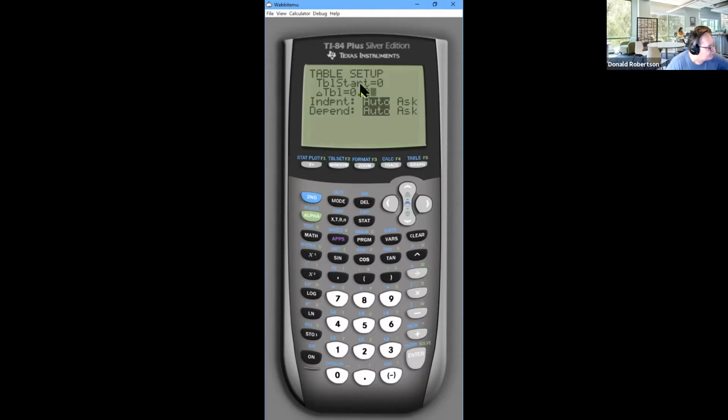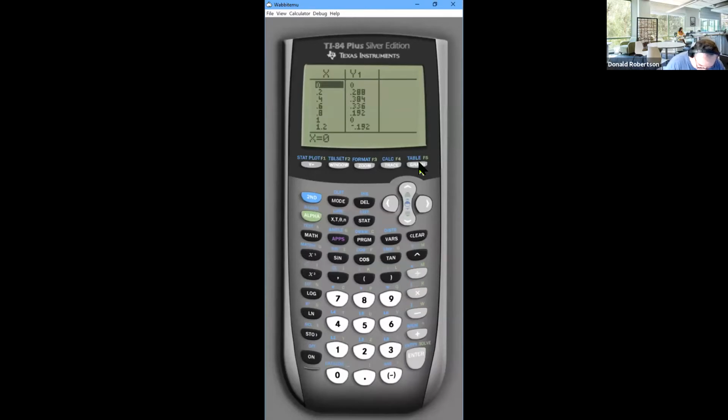So the table starts at whatever a is, in this case 0, but maybe in the next question it's 1 to 7, so it'll start at 1. And it'll go up in 0.2s in this case. So all I need to do now is hit second and table.